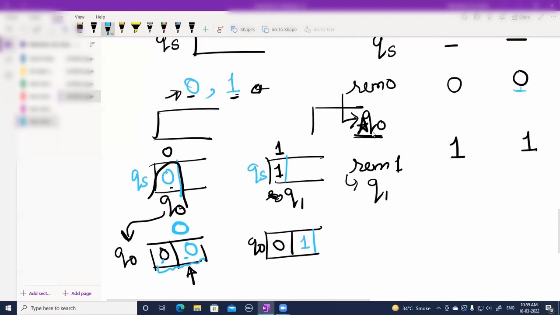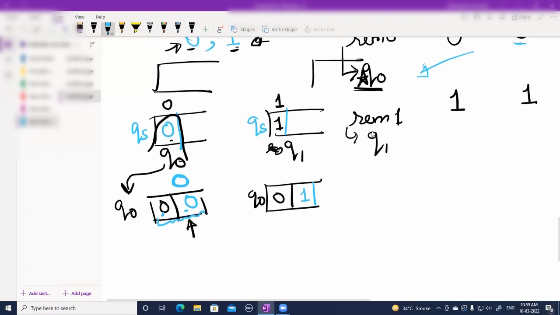The remainder 0 state is represented by Q0. So we will write the resultant state as Q0. So Q0 on 0 goes to Q0.